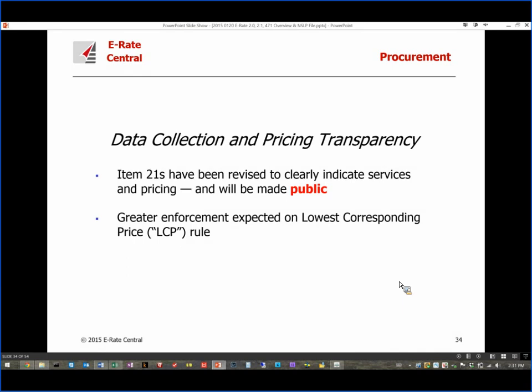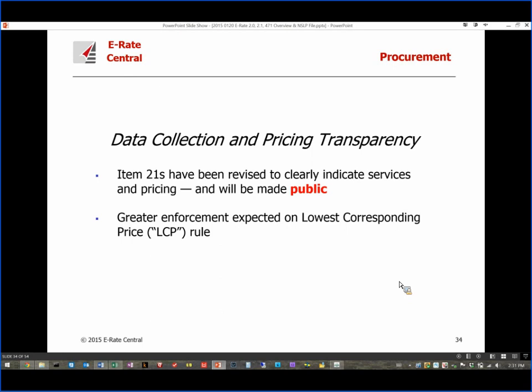I can tell you that we're hearing of numerous contracts that are being written after the decision has been made, inserting all sorts of language to try to make the contract and the pricing confidential. I think the FCC probably has a slight war on their hands, and we're not sure where all that'll play out. But the bottom line is they're committed to making those prices public.